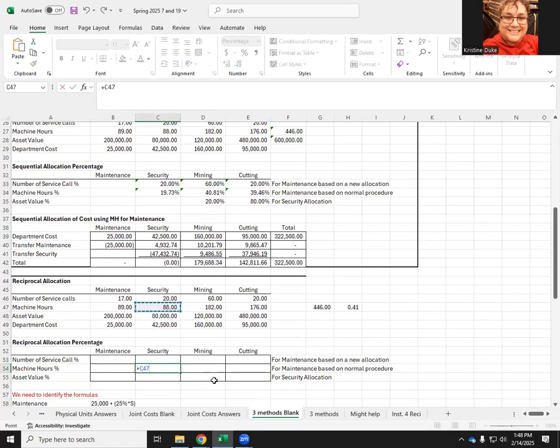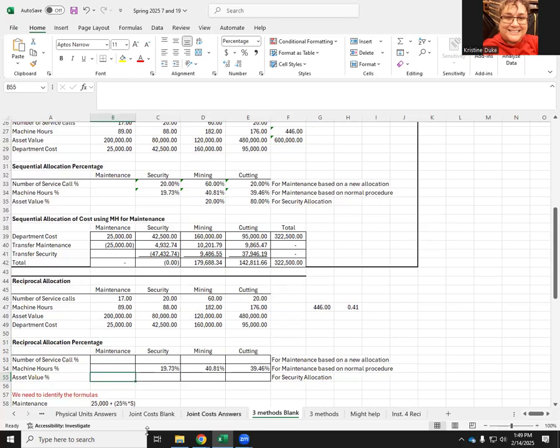Plus 88 divided by 446, plus 182 divided by 446, plus 176 divided by 446.